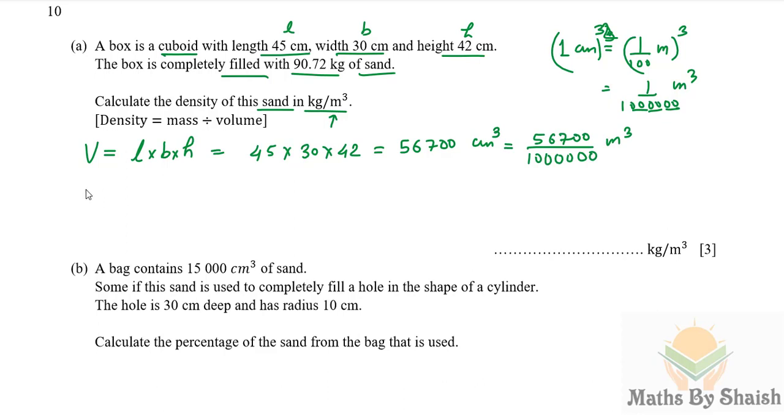And hence the density D, density of the sand, the amount in kg is 90.72, divided by the volume.